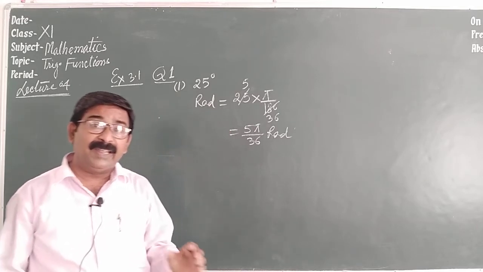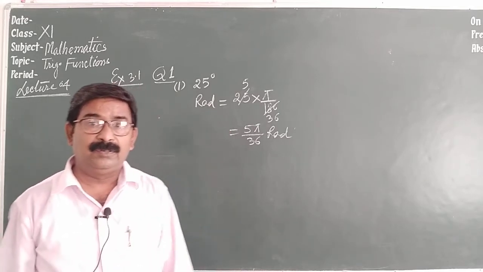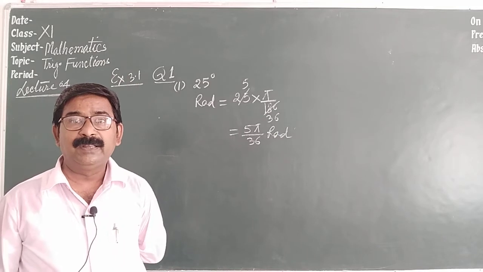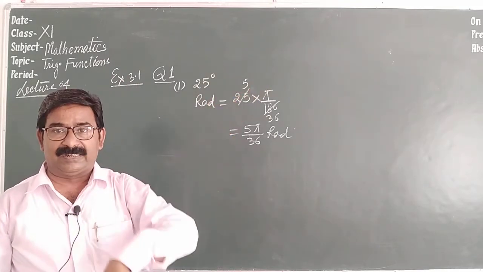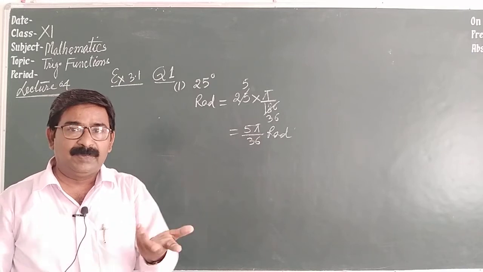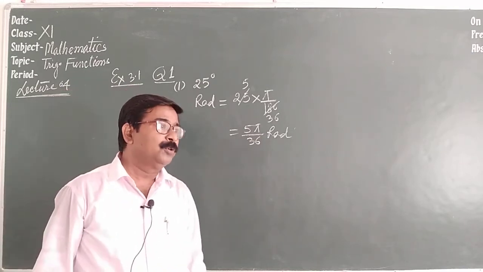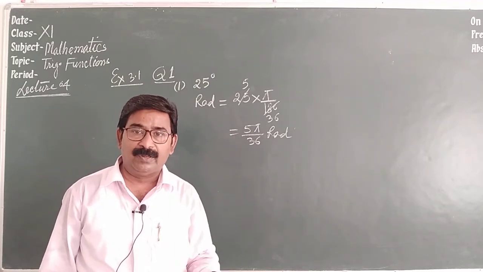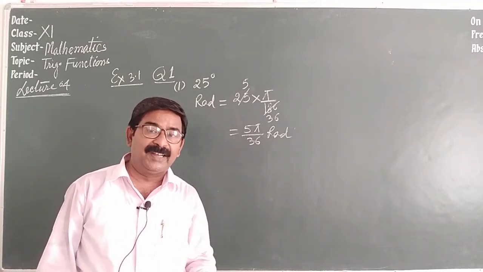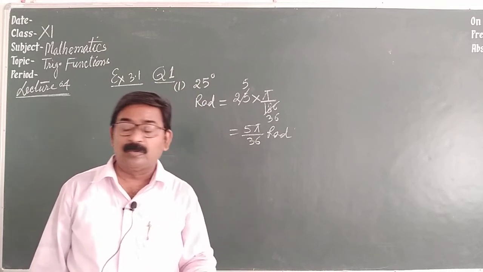If any angle is negative, it means that angle is measured clockwise. So its answer will also be negative, means the radian will also be negative. Or if the radian is negative, its degree measure will also be negative.